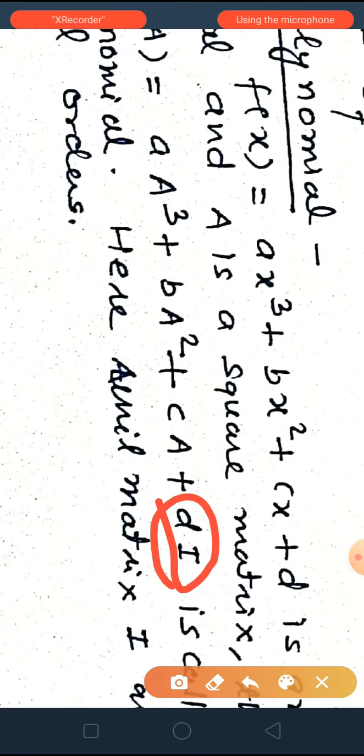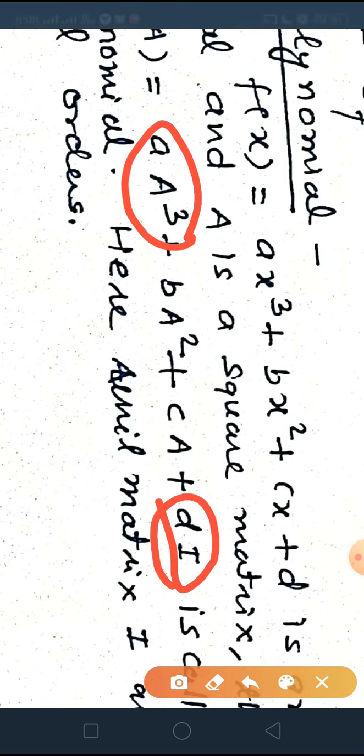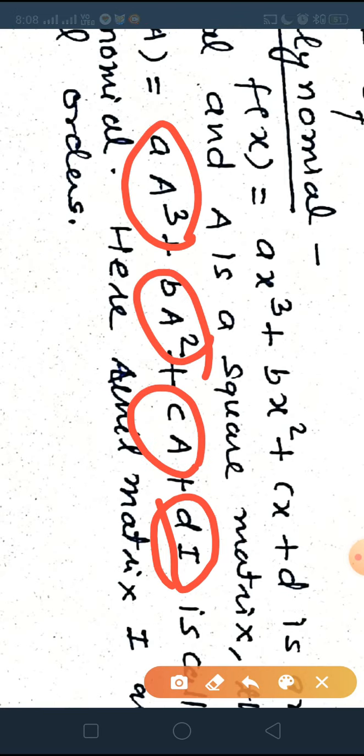If a constant is alone, having no other variable, you have to write I there. Because if you do not write I, then this addition will not be possible, because you cannot add a number to a matrix. All these other terms will give a matrix, so how would you add a constant to a matrix? There is no such rule. So we write I as a multiple of d, so that the matrix addition is possible. I should be written, that's all.